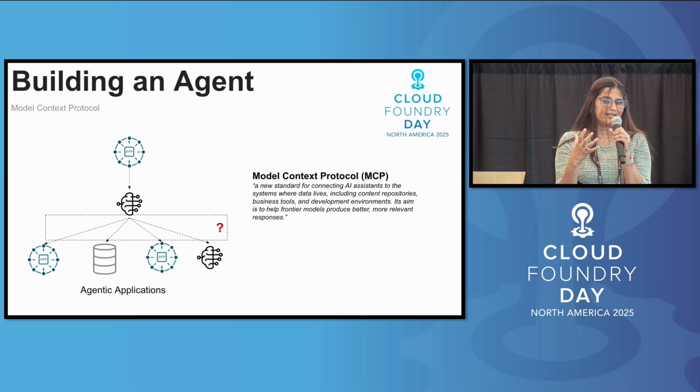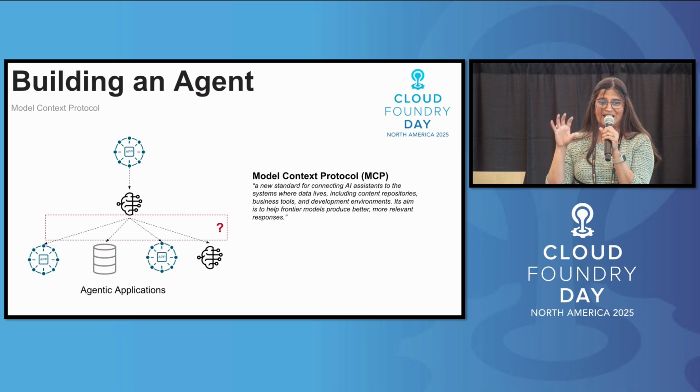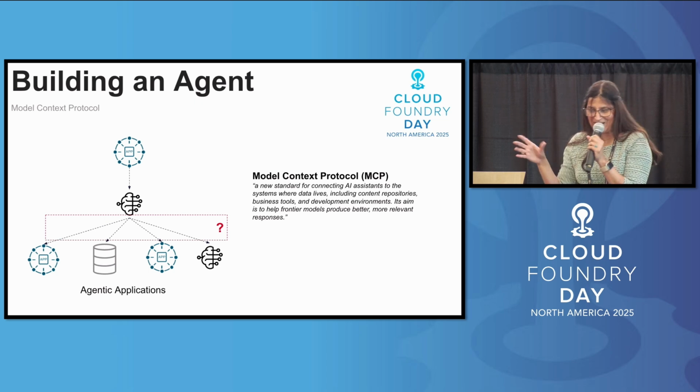So you standardize the communication and interoperability is achieved as well. So this is about the model context protocol, and we are going to see this in action now. And that's the hardest part, like I said. So Corby, back to you.